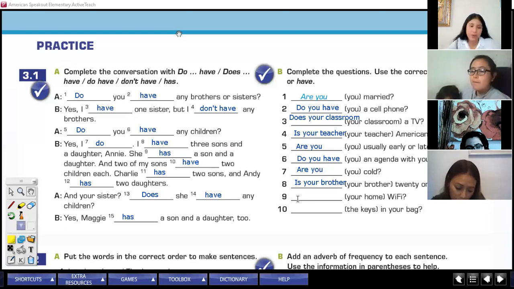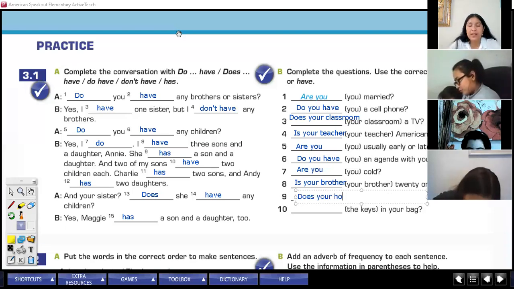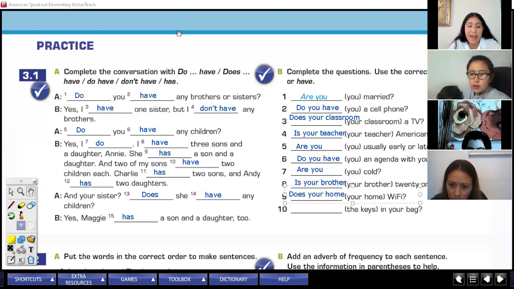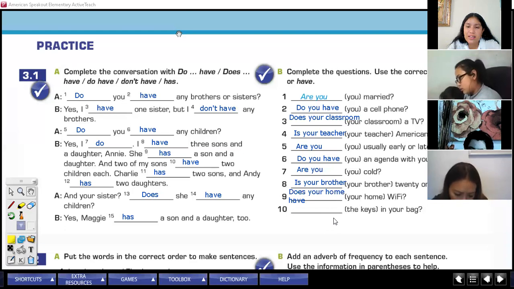Ajá. Does your home. Y luego me faltó el auxiliar. Does your home have Wi-Fi? Does your home have Wi-Fi?